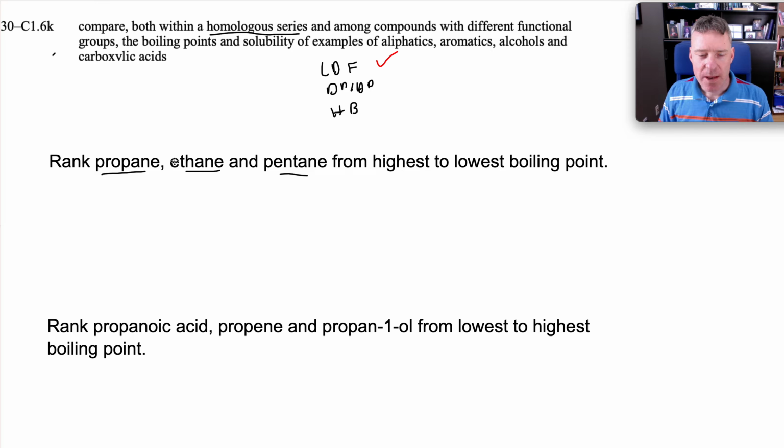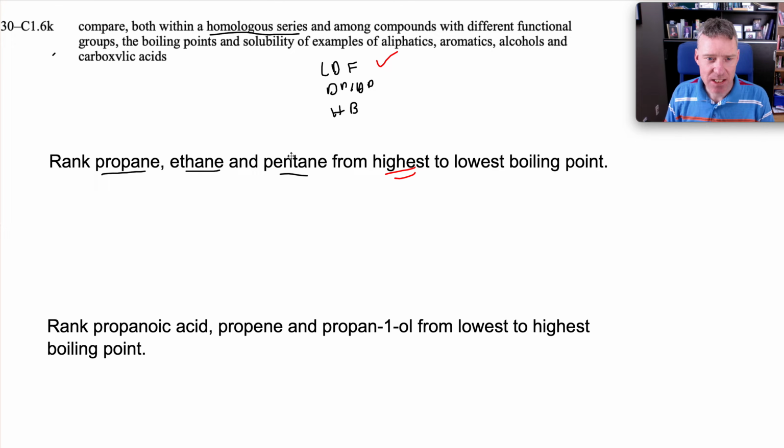So these are all members, not consecutive, but they all are members of the same homologous series. So the lower the electron count, in essence, the smaller it is, the less London dispersion forces it'll have. So we need to list this from highest. What has the most London dispersion would be the biggest with the most electrons.